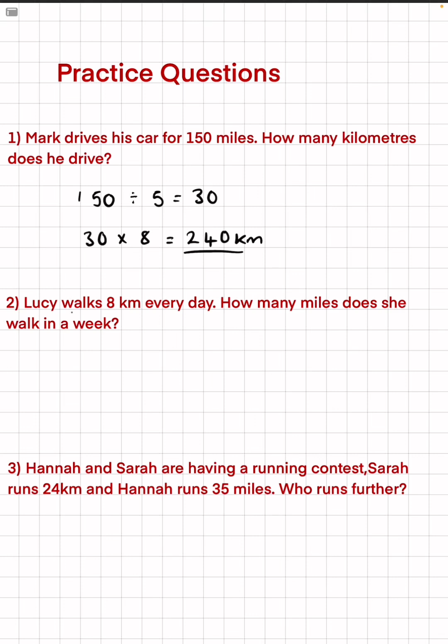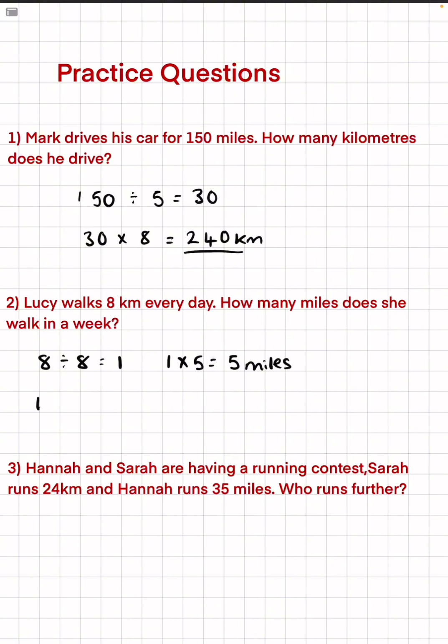The next question says Lucy walks 8 kilometers every day. How many miles does she walk in a week? To convert kilometers to miles, we divide by 8, then multiply by 5. So 8 divided by 8 equals 1. 1 multiplied by 5 equals 5. So Lucy walks 5 miles each day.